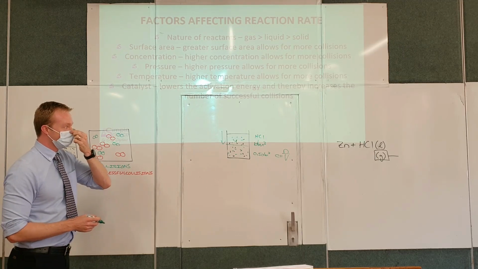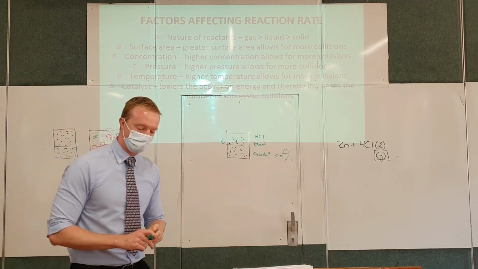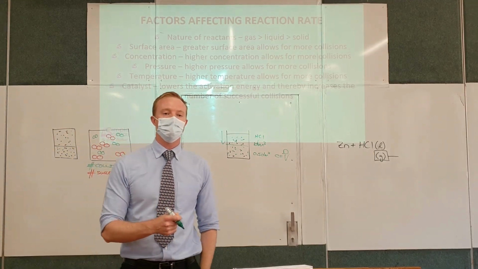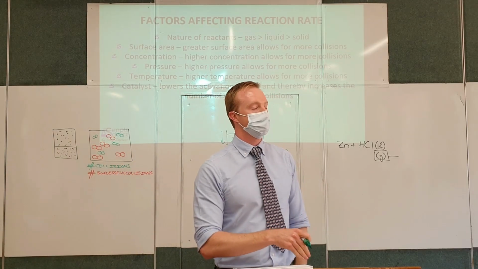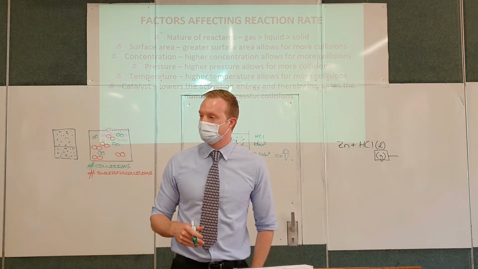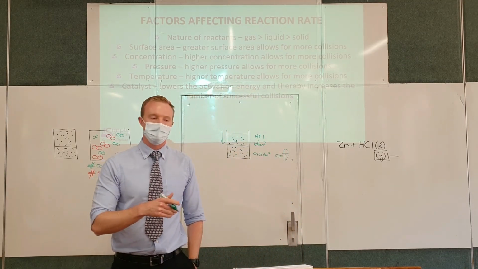Right, temperature is a slightly different one. The reason for that is that, strictly speaking, the definition for temperature is a measure of the average kinetic energy of all the particles present. Right?